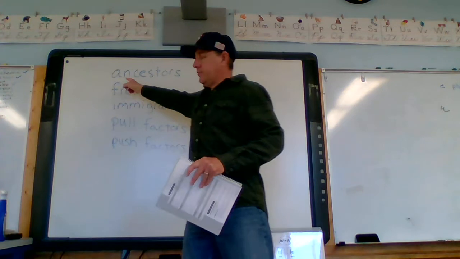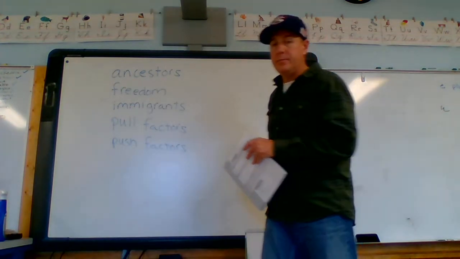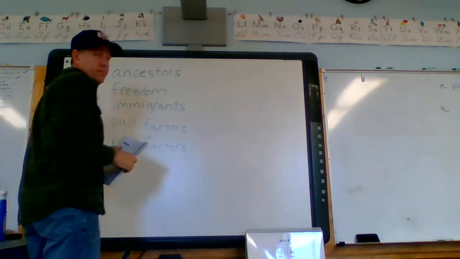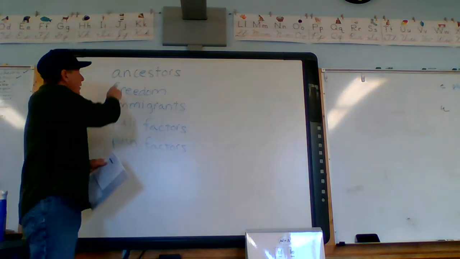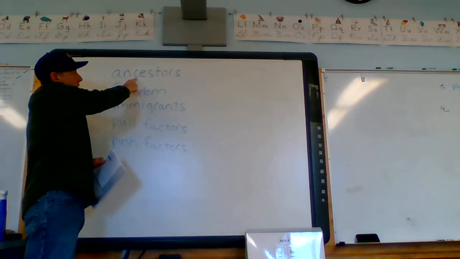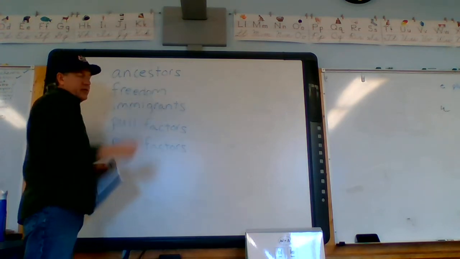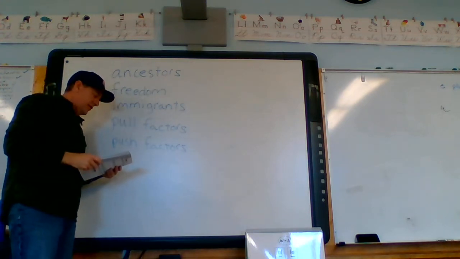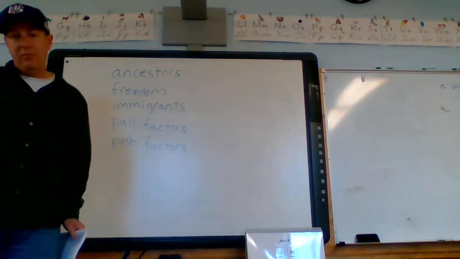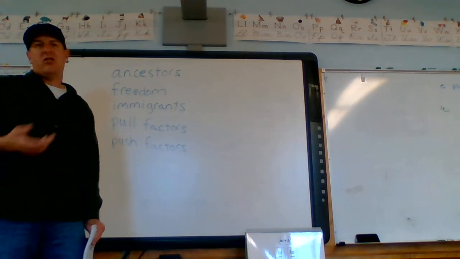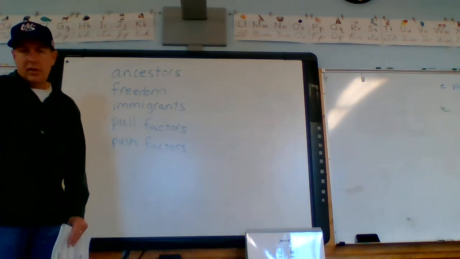This word, if you can see that, and the C has a sound, ancestors. Ancestors are the relatives who came before a person. So like your great-grandfather is an ancestor.